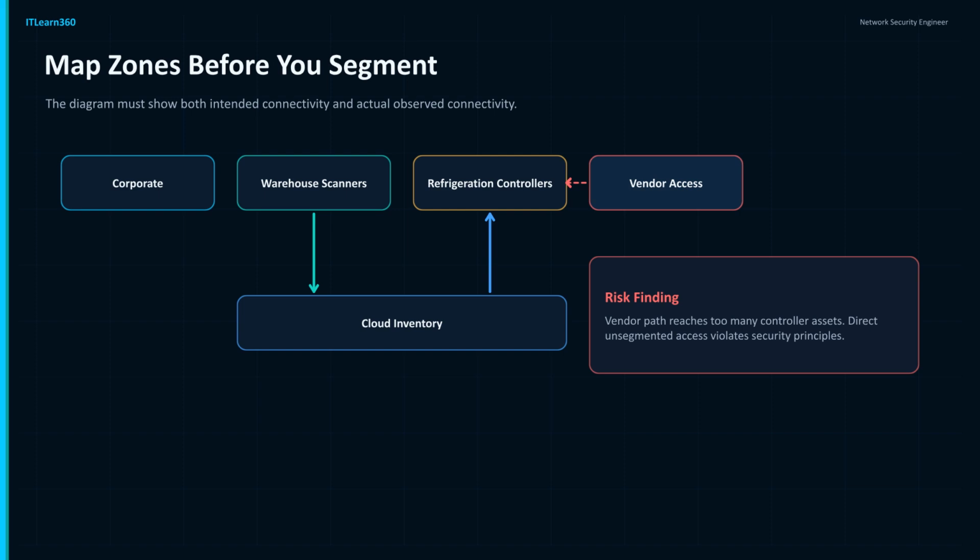If the team only documents the design they hope to build, they may miss the exposure that exists in production. Mapping the zones gives the engineer a way to identify trust boundaries, required business flows, administrative paths, and unexpected reachability. With the zones visible, segmentation can move from a diagramming exercise to enforceable policy that limits the blast radius of a compromised account or device.